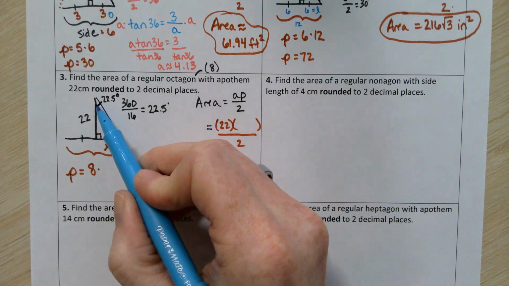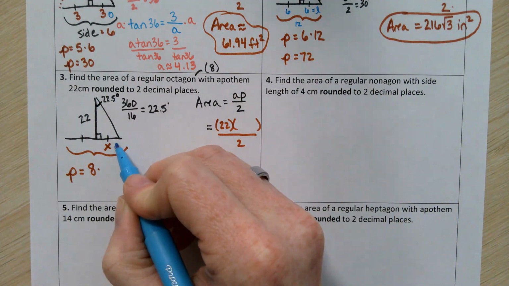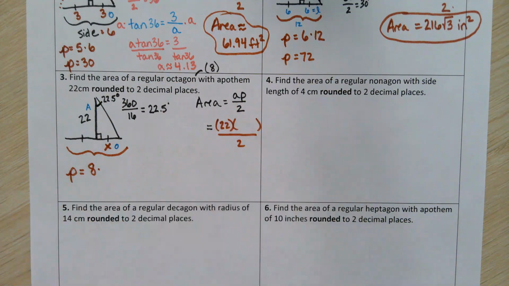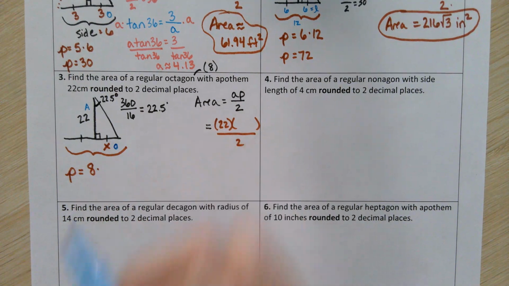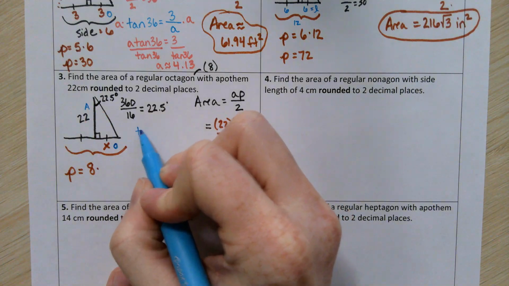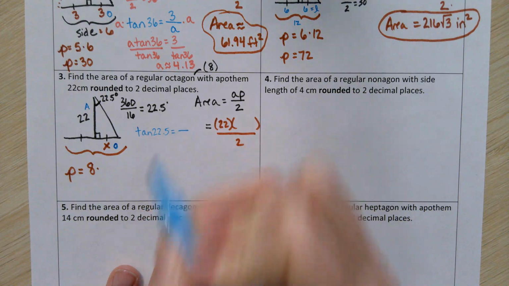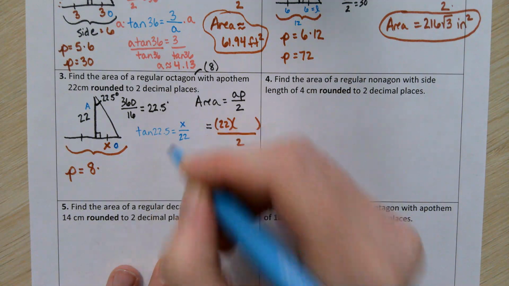So if we're set up at this reference angle of 22.5, that means I'm looking for my opposite side, but I know my adjacent. We are going to use tangent. Sorry, the bell rang, so if I already said that, I apologize. Opposite and adjacent means tangent of 22.5, our reference angle, will equal x over 22.